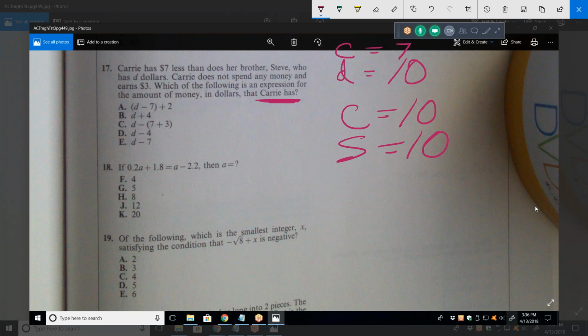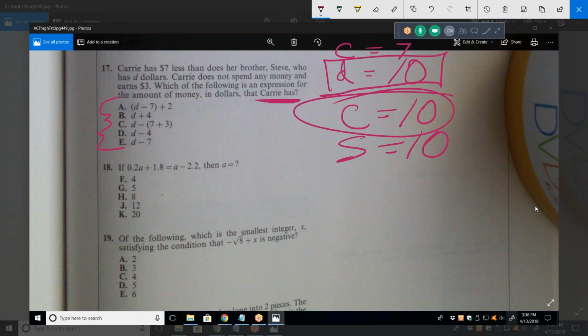So we need whichever answer equals 10, given a starting D of 10. That's not good. Hold on. I did something wrong.